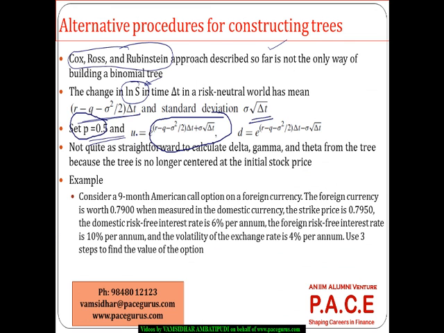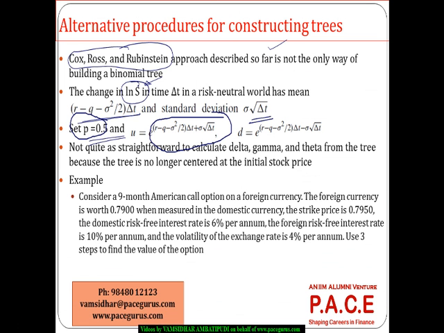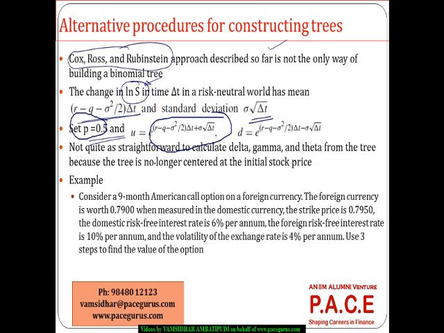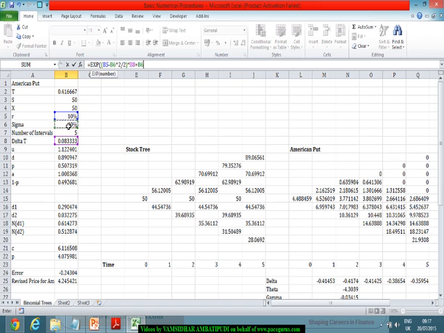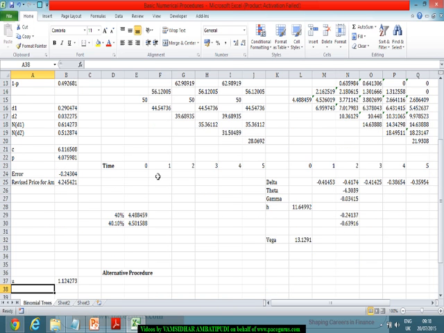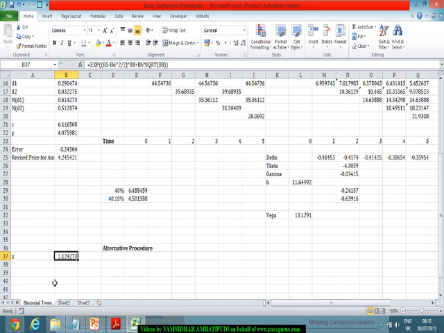So the entire thing is in e to the power itself: r minus sigma squared by 2 times delta t plus sigma square root delta t. So this becomes the up, which is coming out to 1.12. So here you have 1.1224, whereas here you have 1.1242.